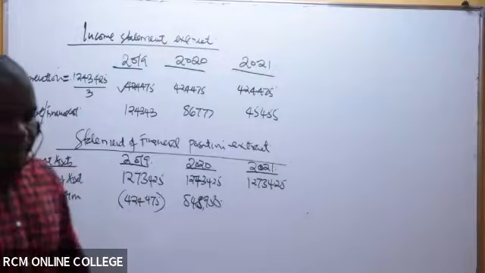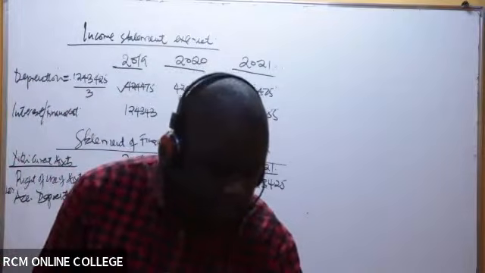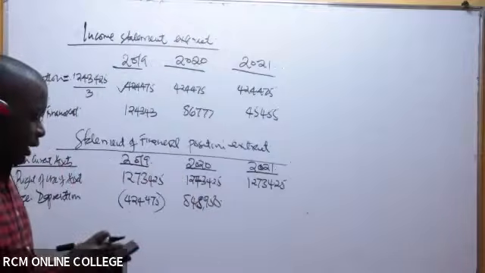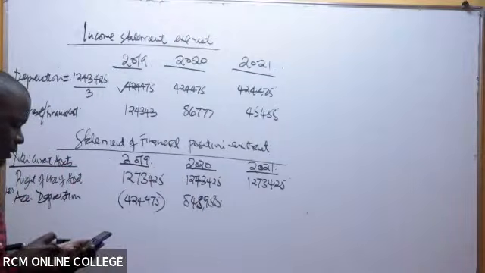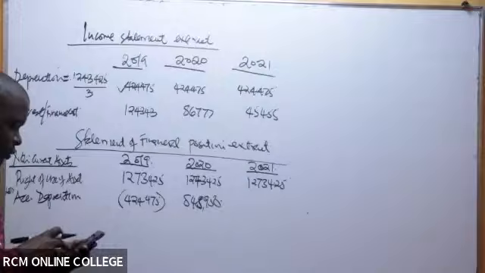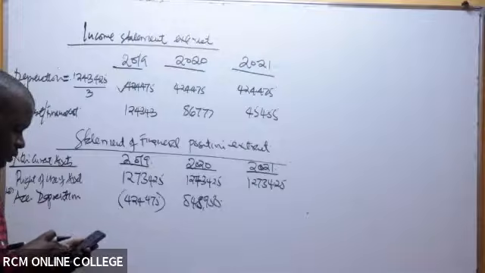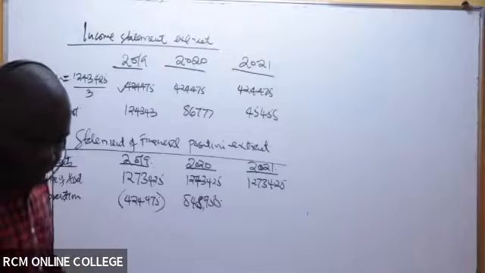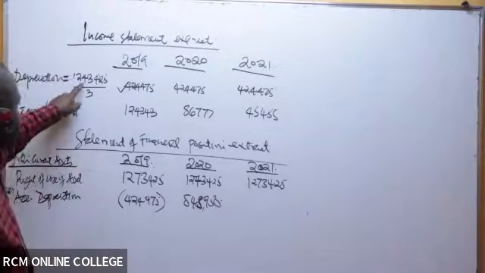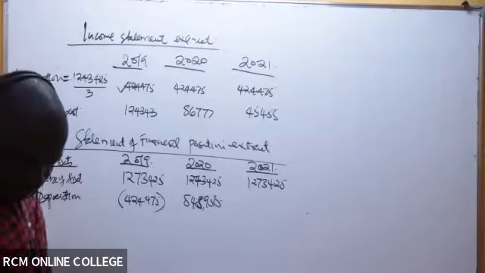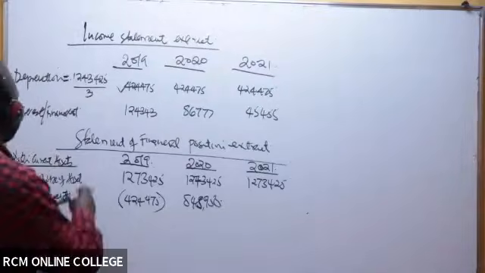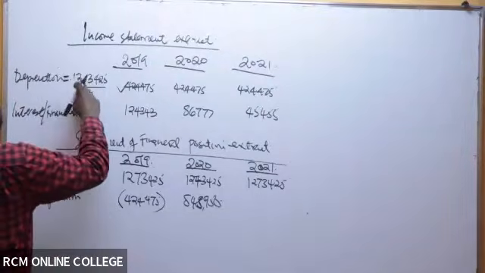That figure should actually be the right of use of the asset, so let's see what you are getting. 1273,425 divided by 3. The right of use of the asset is 1273,425. So it's not 1243. This one is 1273.